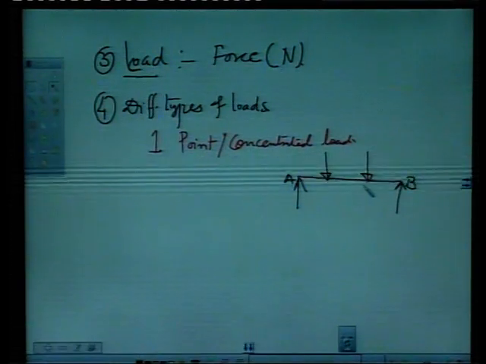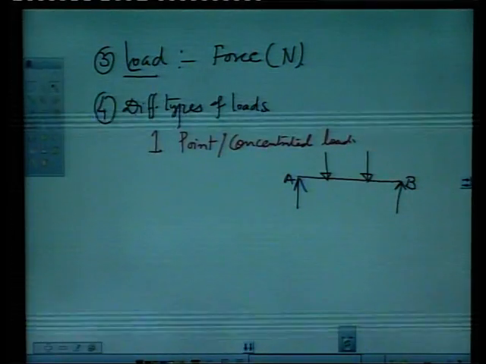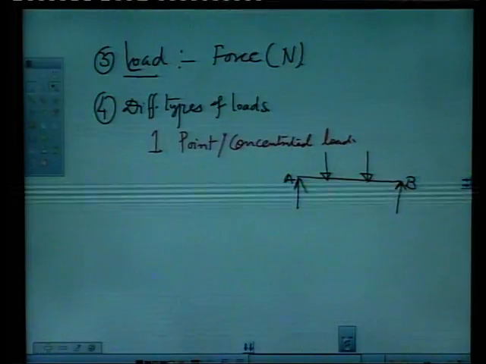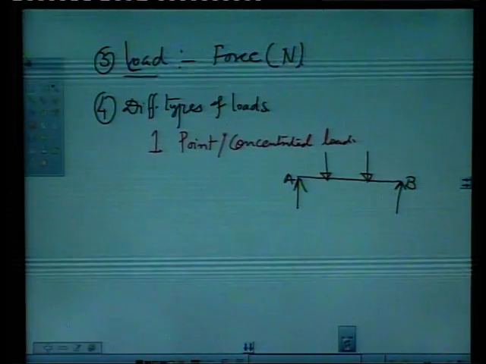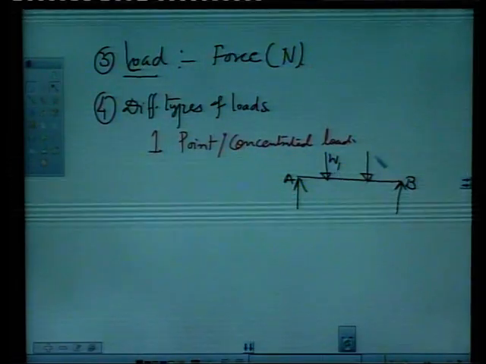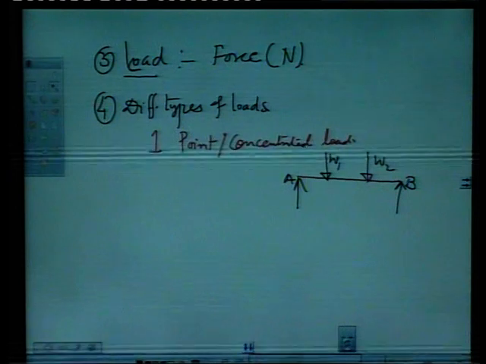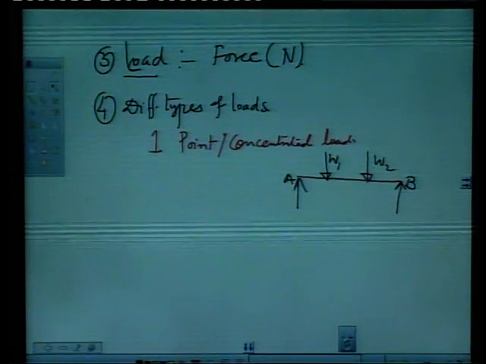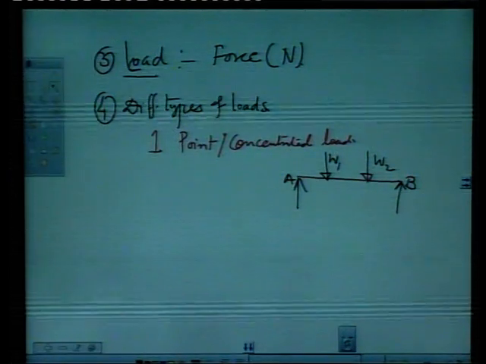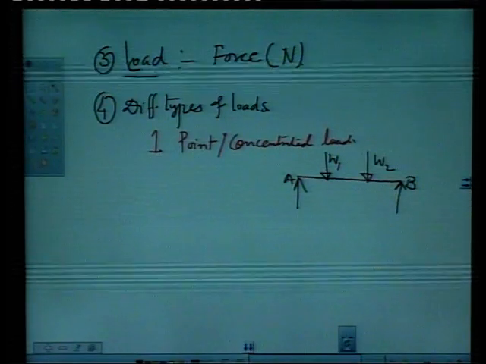On this point we are applying, say, load W1 here. On this point we are applying another load W2, only at one point, not on the whole length of the beam. This is called point load or concentrated load.